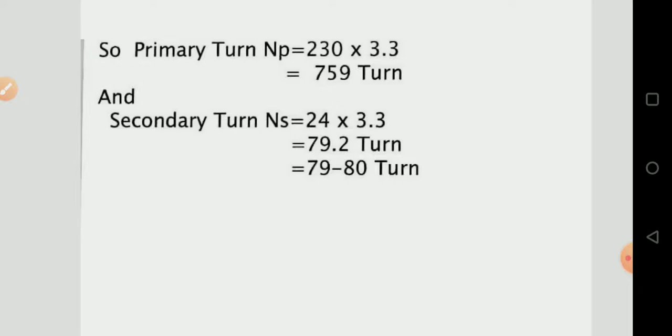So on the primary side the number of turns is 759 turns. Same for the secondary side: the secondary voltage into the turn per volt ratio, which is 3.3. So we get the value 79.2 turns. It means here we have to take the turns as 79 to 80.